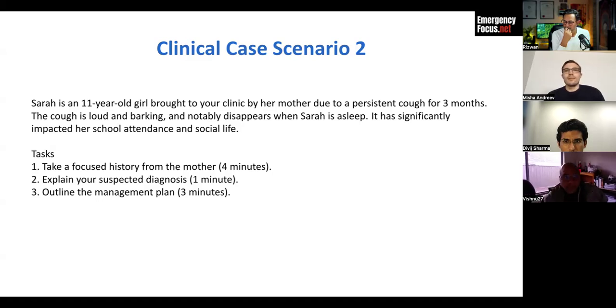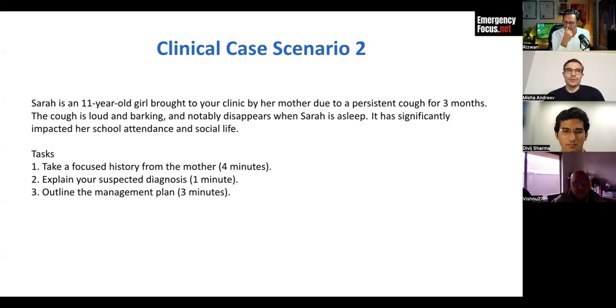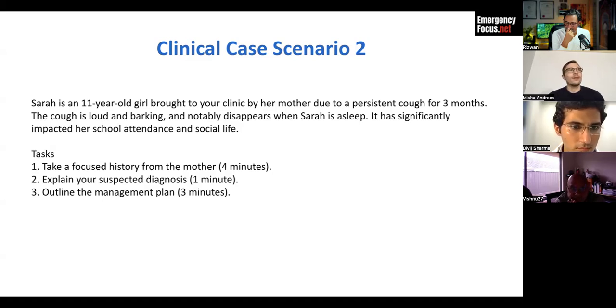There's this CCVO mnemonic about what this cough is. Is it dry or wet? If it's wet, is there any blood, mucus, or anything else? What's the amount of sputum?